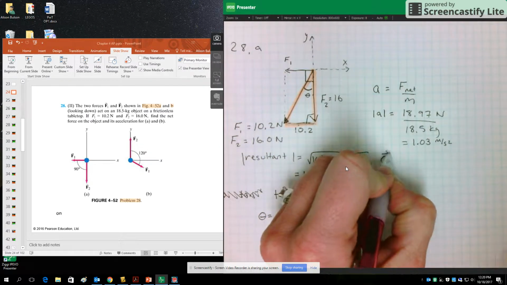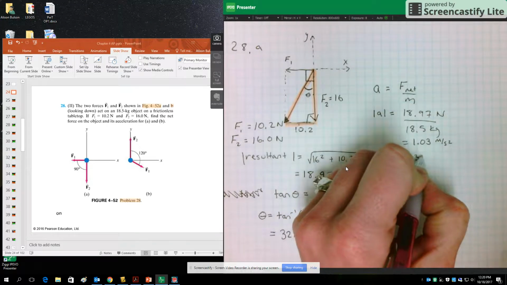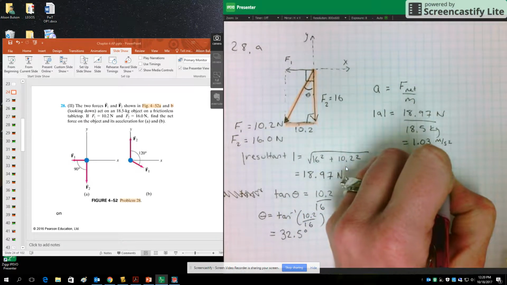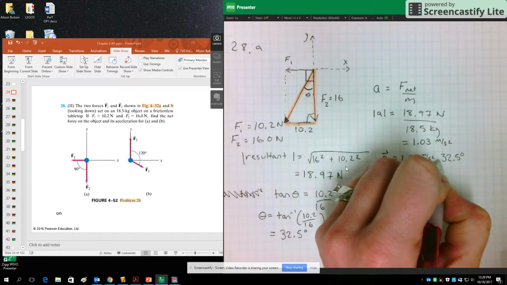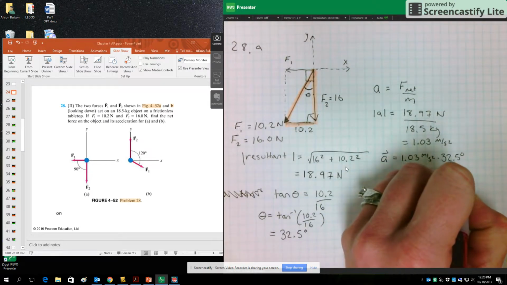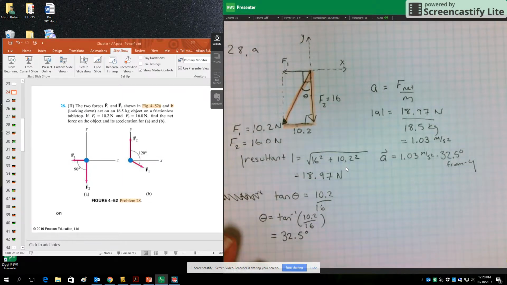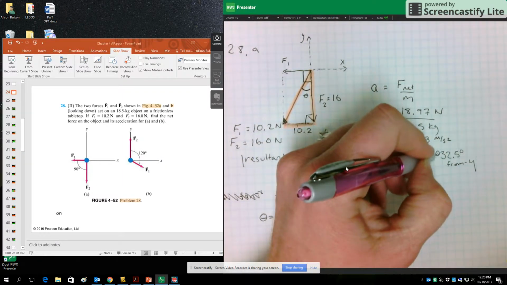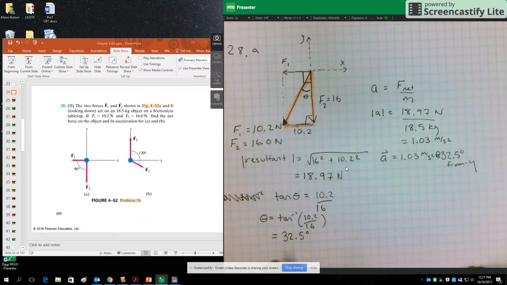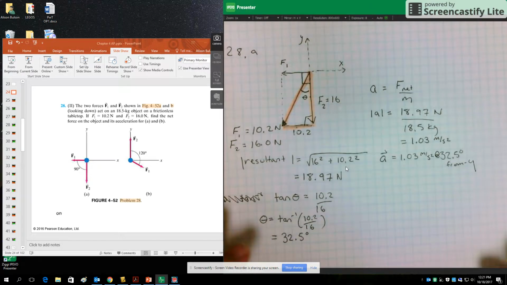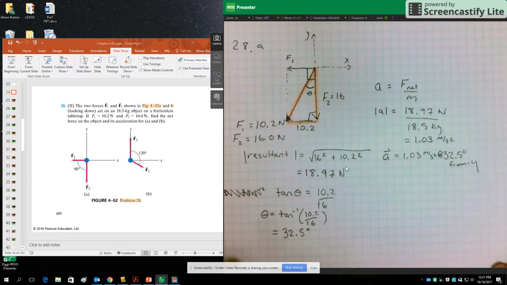So we can say that the acceleration is 1.03 meters per second squared at 32.5 degrees clockwise from the negative y-axis, if we're going to be really super clear about it.